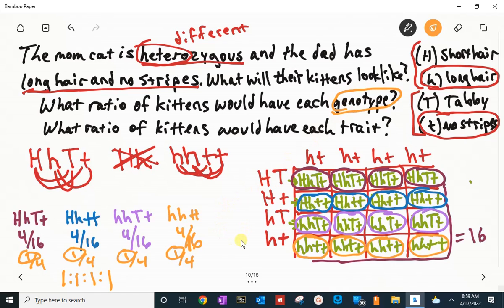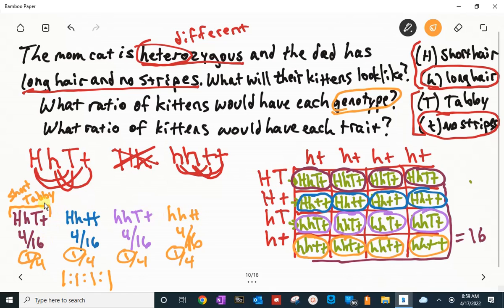And so now what ratio of kittens would have each trait? Well, if we look at the very first one, we have heterozygous dominant for both traits. So we're going to have short hair and a tabby coat pattern. And it doesn't look like that's going to be part of any other genotype that we have.